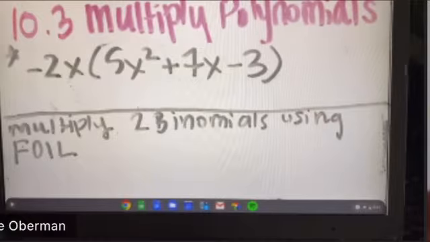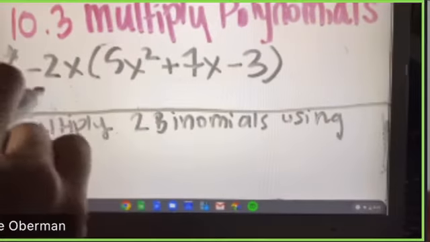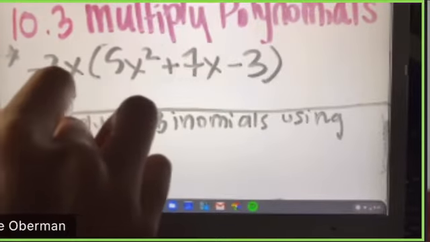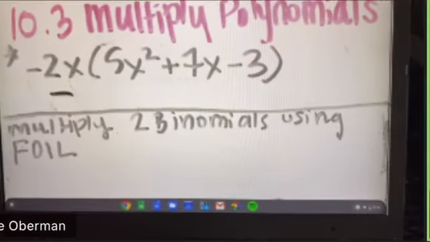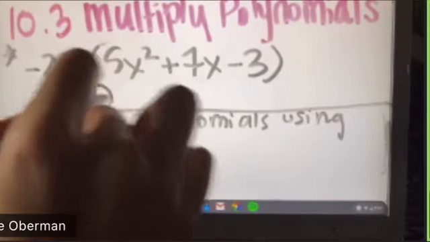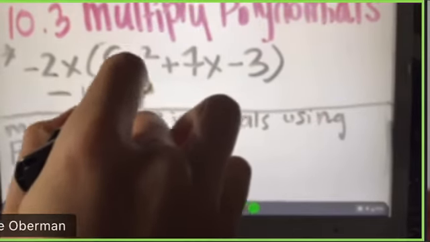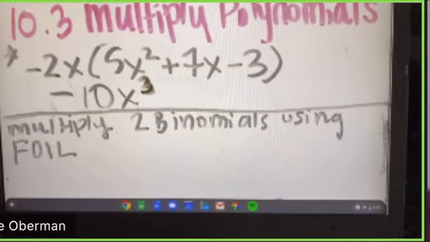So what did you guys get for this first term after you combine here? Negative 10x cubed. Good. Negative 10x cubed. Did everyone get cubed? Because it's x times x squared. Then we get another negative here, right?